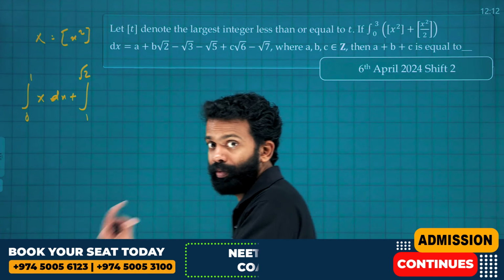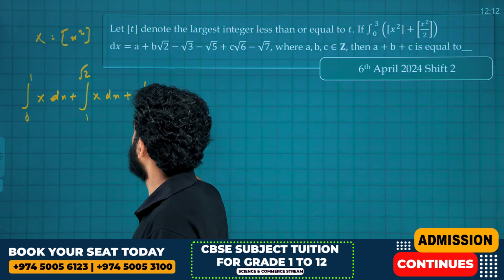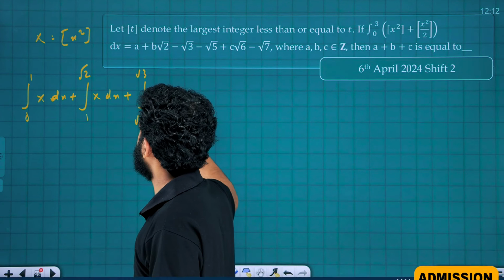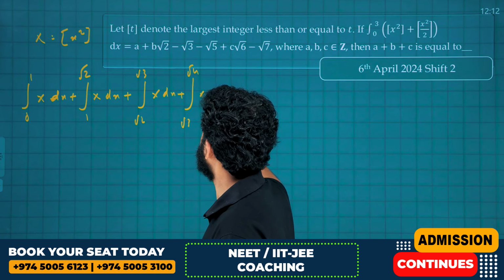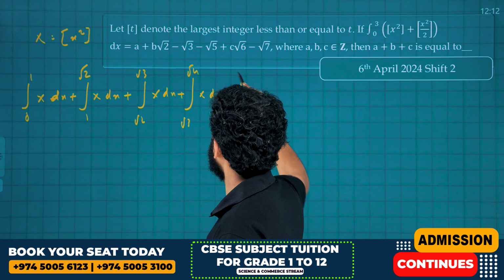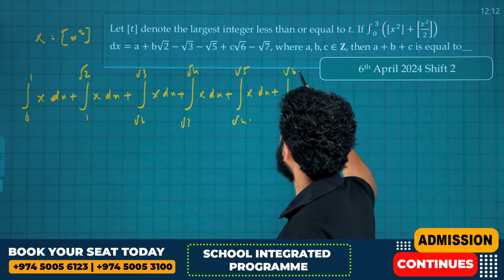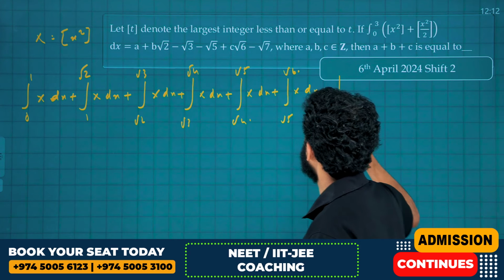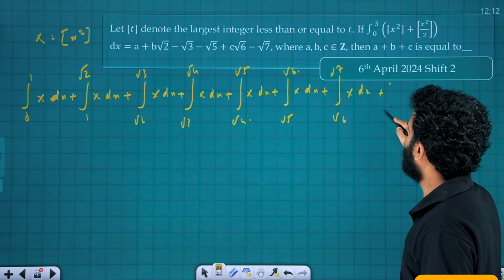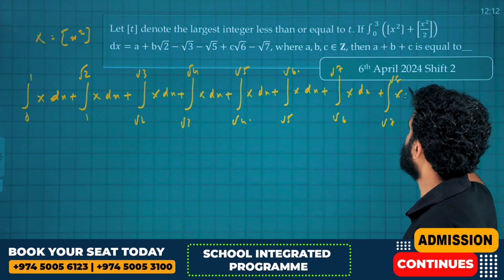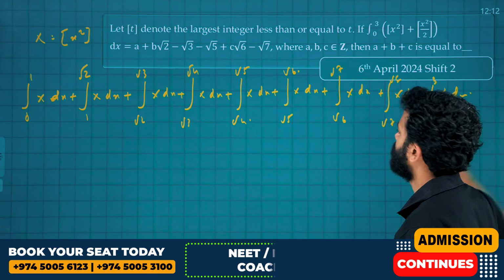That is why I told you the formulation is very lengthy. x dx plus, next one, root 2 to root 3 x dx plus, next one, root 3 to root 4, that is 2, x dx plus root 4 to root 5 x dx plus root 5 to root 6 x dx plus root 6 to root 7 x dx. Told you it's lengthy. And root 7 to root 8 x dx plus root 8 to root 9, that is 3 into x dx, and it's over.